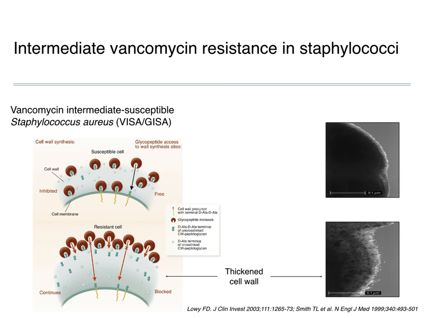If you think about it, vancomycin is trying to get through that cell wall to act, and it just basically reaches the point where it can't get through there anymore. So that was the mechanism of resistance, or intermediate resistance. And these organisms, by the way, you can often still use vancomycin to treat them. You may have to use higher doses and be a little bit more cognizant of your concentrations, but you can still sometimes have clinical success when you treat these isolates.